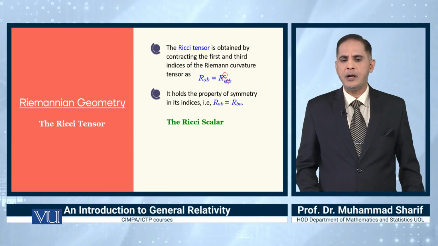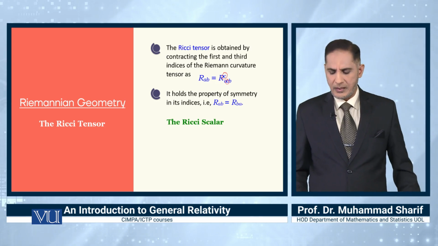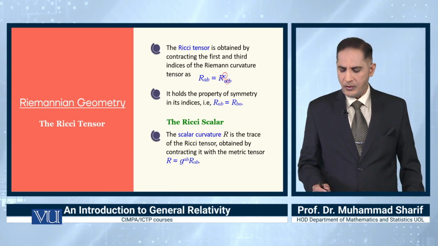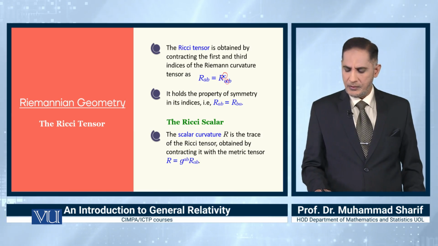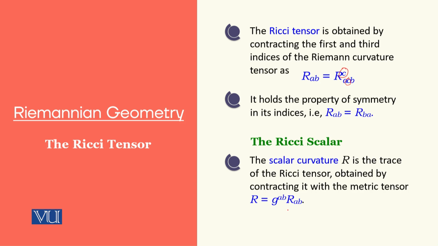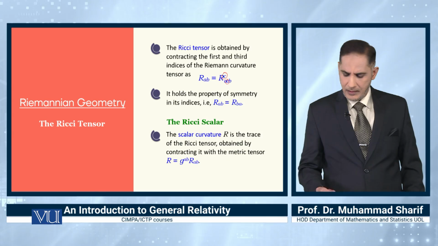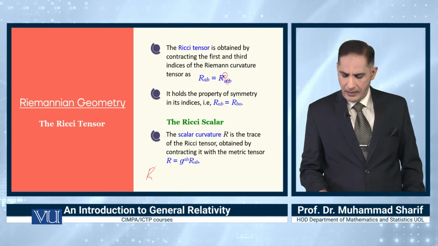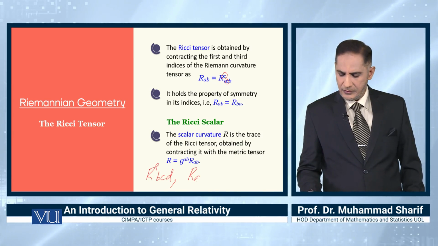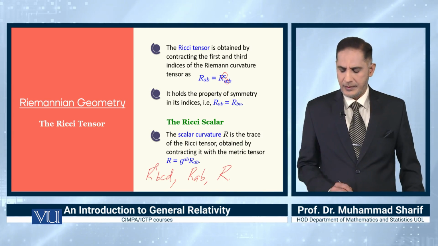Another tensor, which is a scalar quantity, the Ricci scalar, can be obtained by taking the contraction of RAB with GAB. So this is a scalar curvature, and this is obtained by GAB. Now you have seen that we have obtained from RABCD the Ricci tensor, then the Ricci scalar.